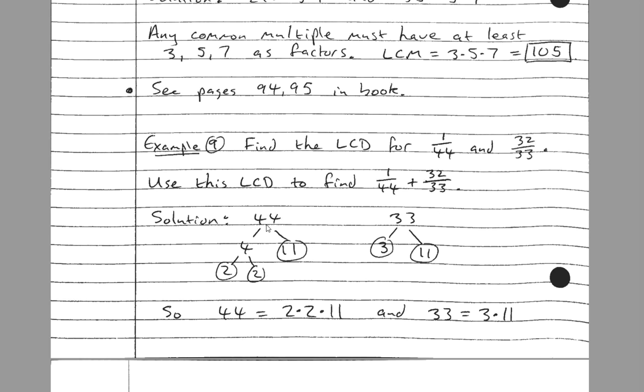So 44 breaks up as 4 times 11. 11's prime, but 4 is 2 times 2. So the prime factorization of 44 is 2 times 2 times 11. 33, that's just 3 times 11. So that's its prime factorization.